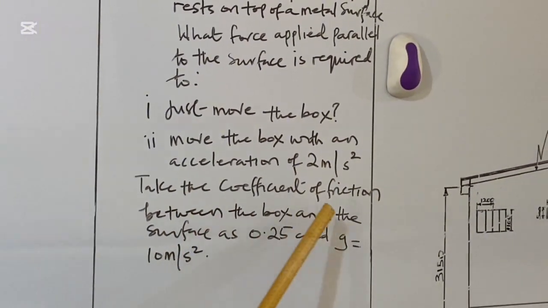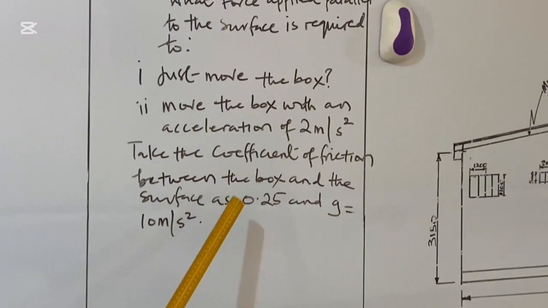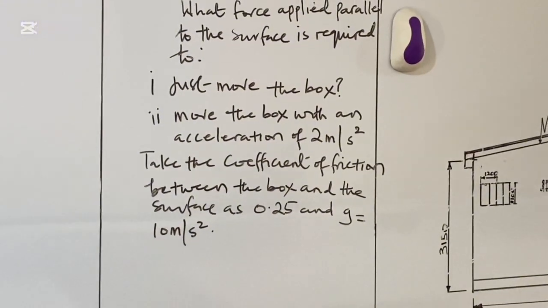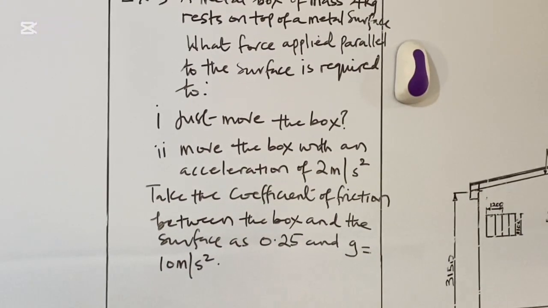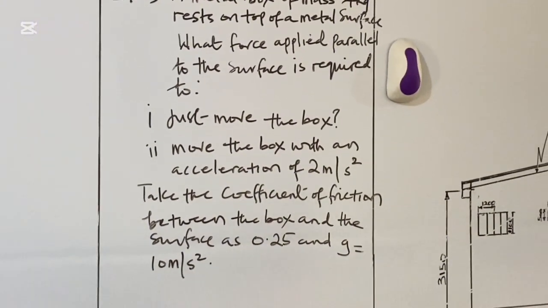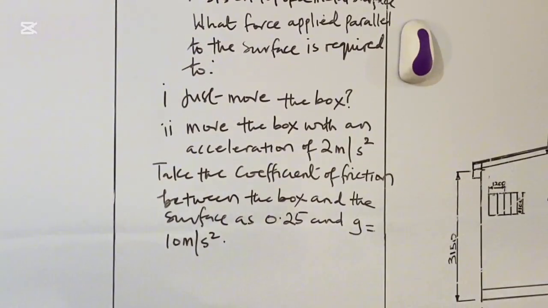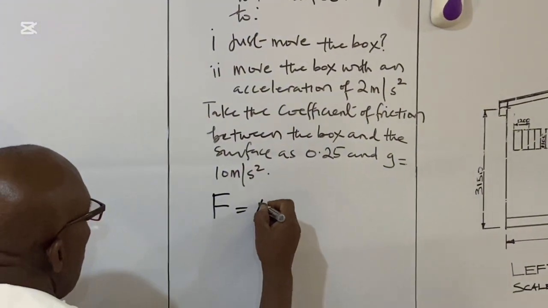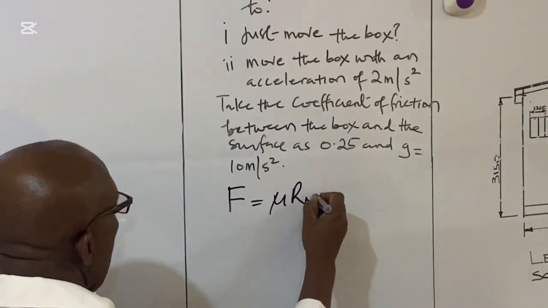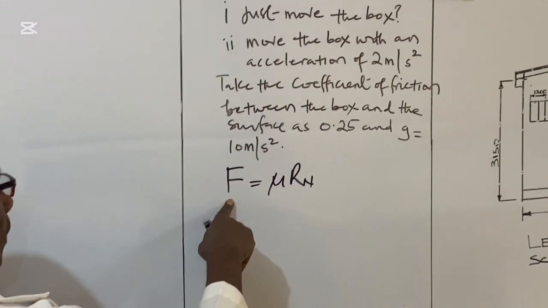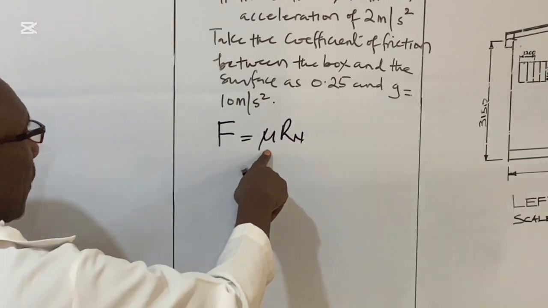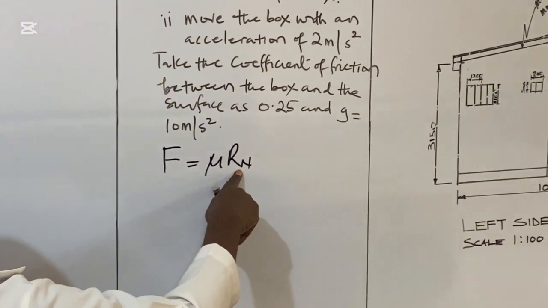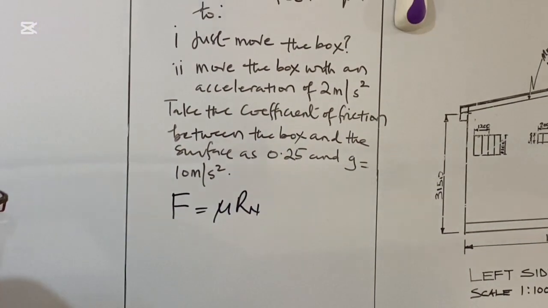Take the coefficient of friction between the box and the surface as 0.25 and acceleration due to gravity, G, as 10 meters per second squared. And now, I get the friction equation as F is equal to mu Rn, where the frictional force is equal to the coefficient of friction, and then the normal reaction is the mass of the object times acceleration due to gravity.